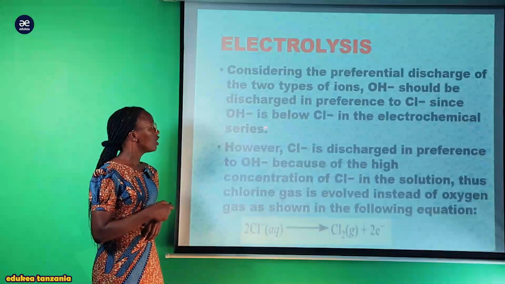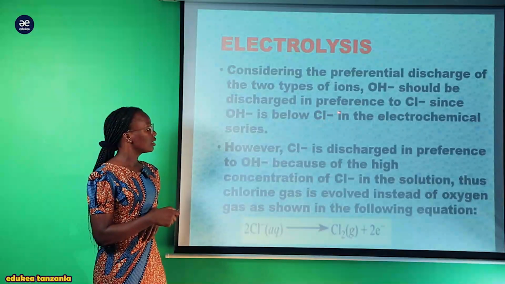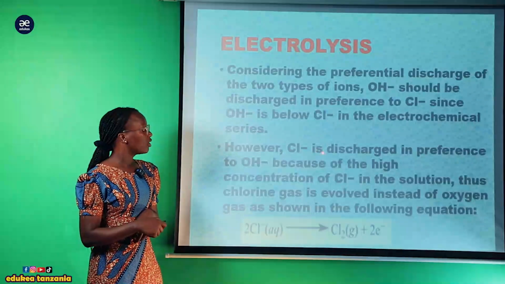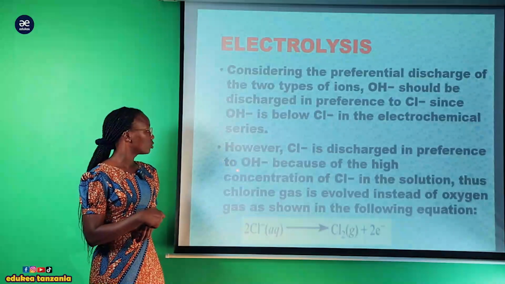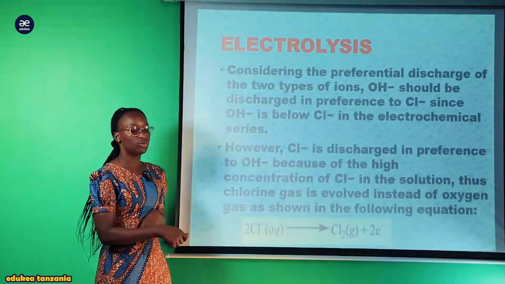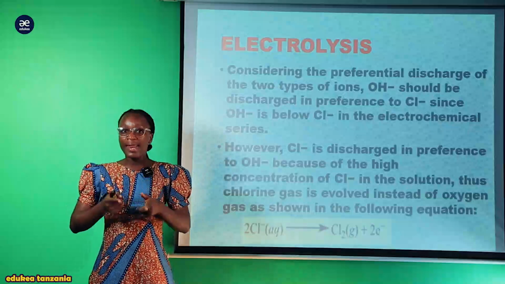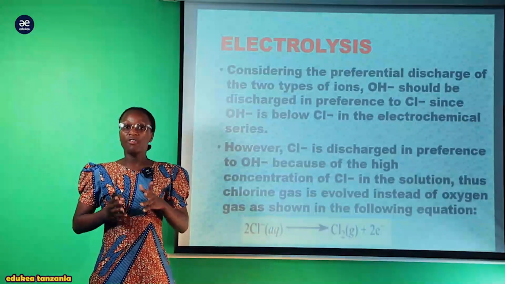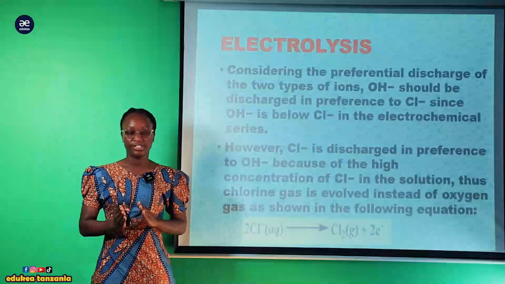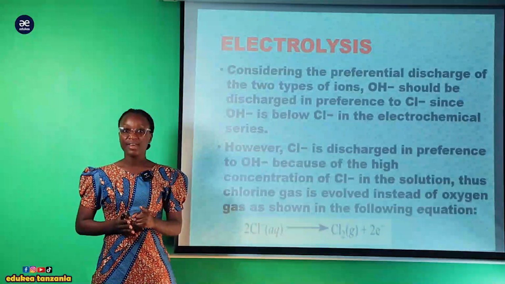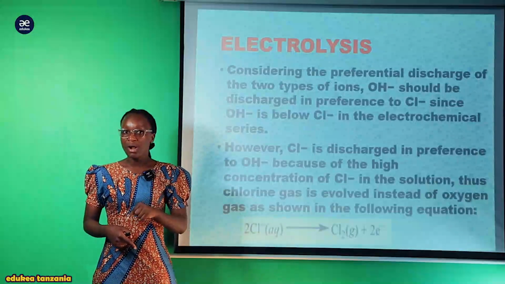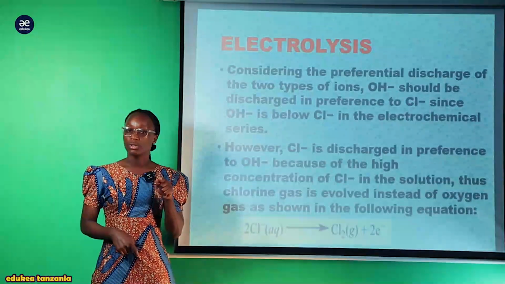But also since OH is below chlorine in the electrochemical series, however chlorine is discharged in preference to OH because of the high concentration of the chlorine in the solution. Lakini kulingana na criteria or factor of electrochemical series, katika chlorine na OH ambayo inakuwa preferred first to discharge ni OH kwa sababu ipo down the electrochemical series compared to chlorine.